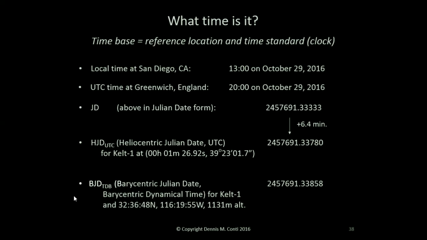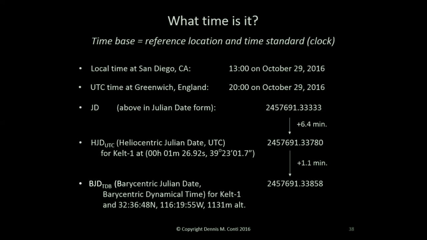Let's say we're located at roughly 32 degrees north, 116 degrees west, at an altitude of 1,131 meters. Those two combinations of our location and the location of the star are what are used to derive BJD TDB. In the case of this particular sample observation, we come up with a BJD TDB date, as you see it here. It turns out that's a difference of about 1.1 minutes from the heliocentric Julian date.